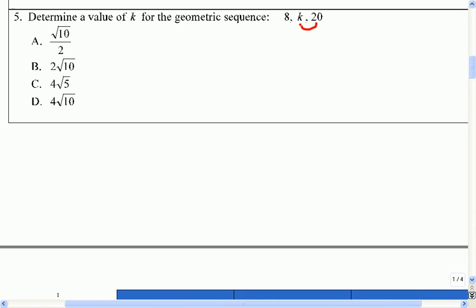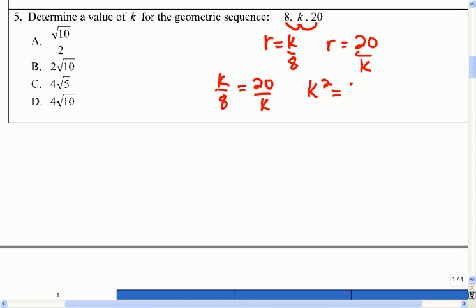So the common ratio is either K over 8 or 20 over K. That number must be the same if it's going to be a geometric sequence. So that means this must be true. K squared must be 160. So that means K is plus or minus root 160, which is 16 times 10, so I can pull out 4 root 10.